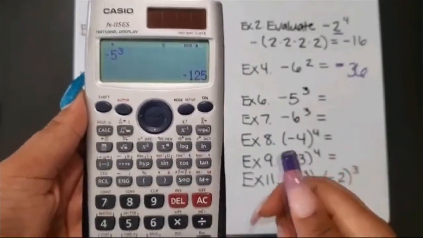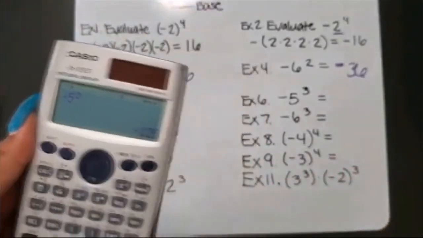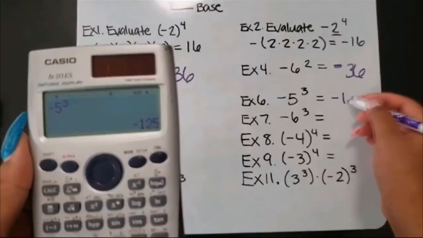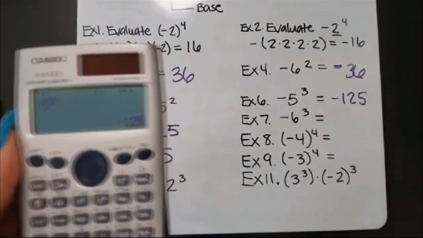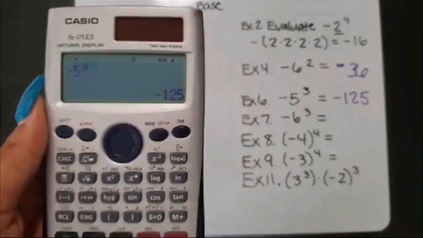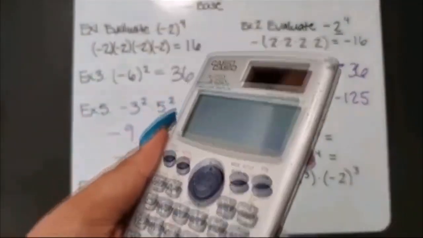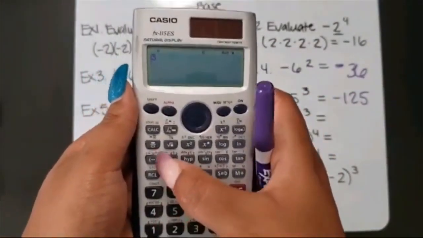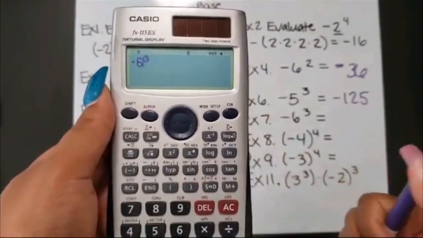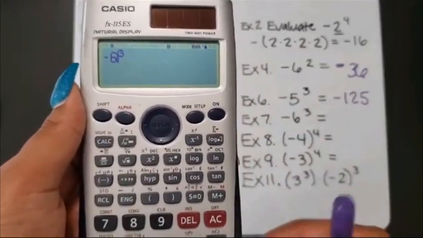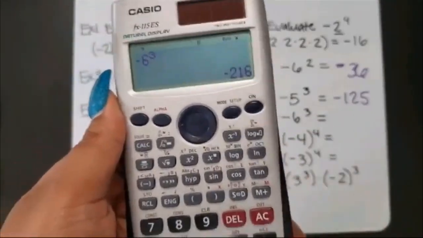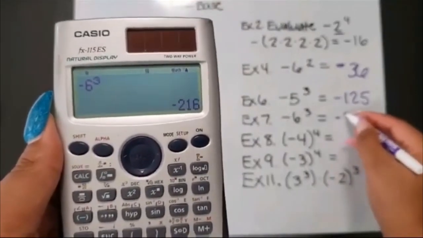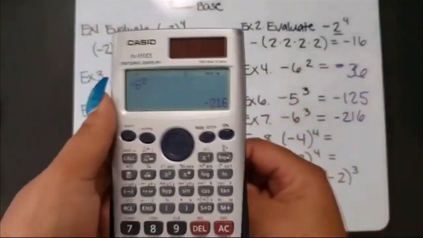So I hit my equal sign, and I got negative 5 cubed is negative 125. Okay? So for number 7, we got negative 6 cubed. All right? And you guys should have gotten negative 216.